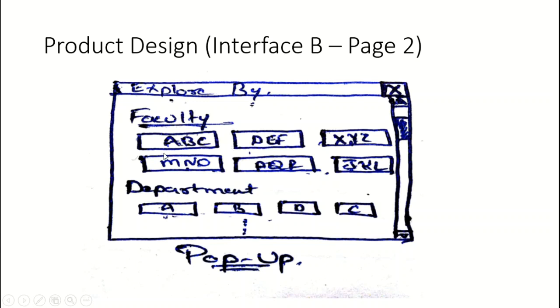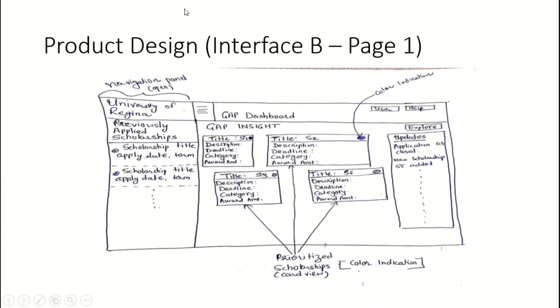So let's say our science faculty has a computer science department in it, so that is how we are trying to shortlist the awards. And this is just going to be a pop-up window, so user is going to stay on the main page and just the pop-up window would appear here, and then user can apply for the award.